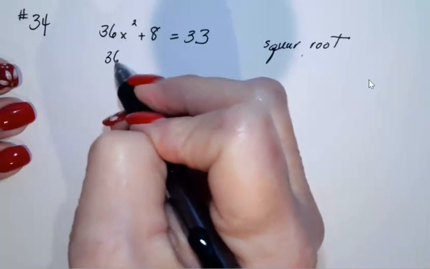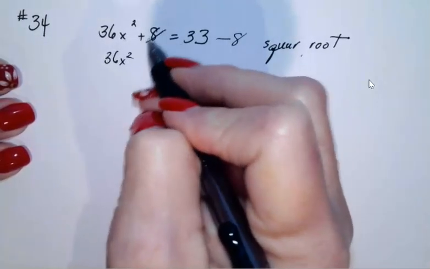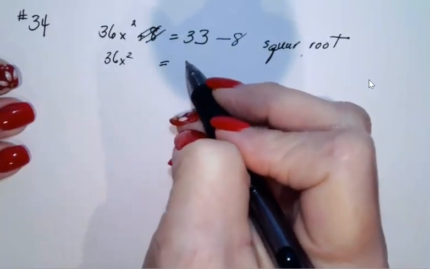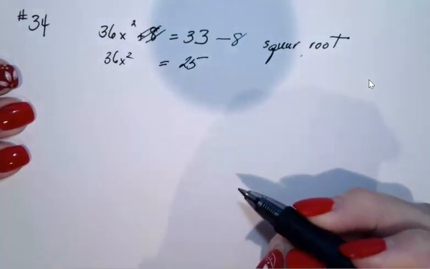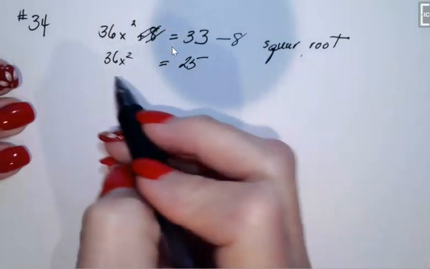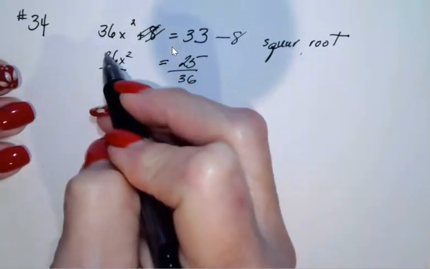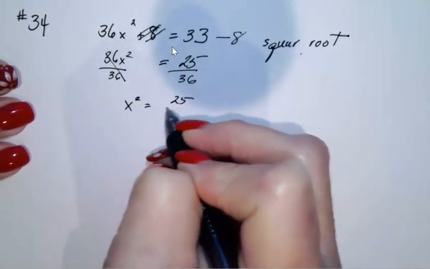Alright, so the first thing I'm going to do, I have a plus 8, so that makes it a minus 8. So that equals 25, right? Okay. And then I have to divide both sides by 36. So now I have x squared equals 25 over 36.